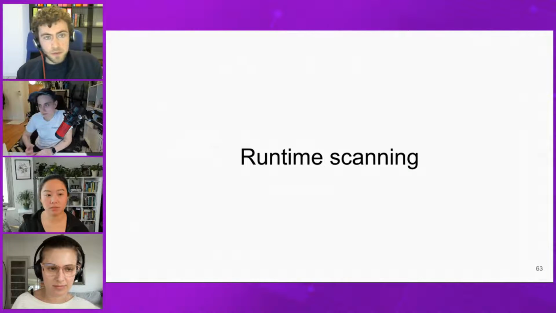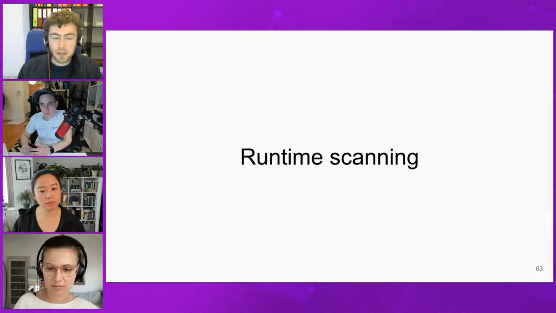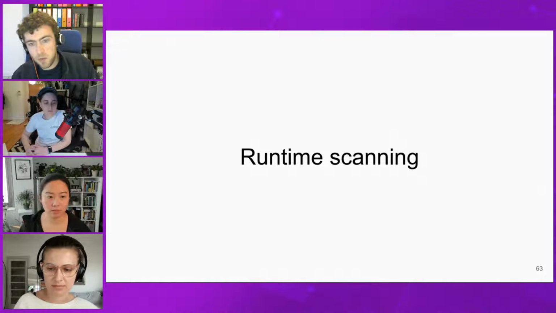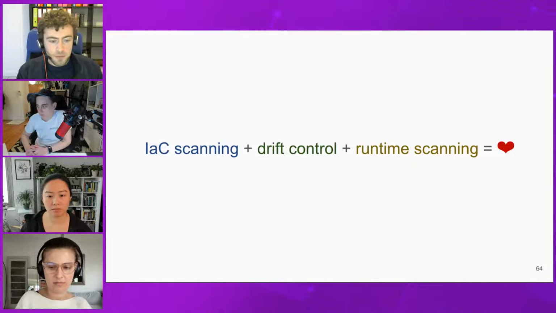We'll get back to that in a few seconds, but a few notes also on runtime scanning. In terms of a journey, we started from how can we have some checks and some baseline that makes sense for our organization. Then how can we scan for that? And how can we make sure that what we have deployed is matching what we have defined in Terraform code? So kind of the last piece of the puzzle is really the runtime scanning.